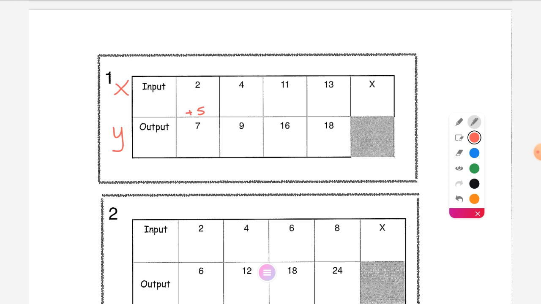Now, I will tell you, sometimes it's multi-step. Like it might be times 2 plus 1. Does that work here? Times 2 plus 1. What's 2 times 2? 4. Plus 1. 5. Check the next one. 4 times 2 is 8, plus 1, 9. Does it work? Yes. Does it work on the third one? It works on the first and the second. 11 times 2 plus 1.